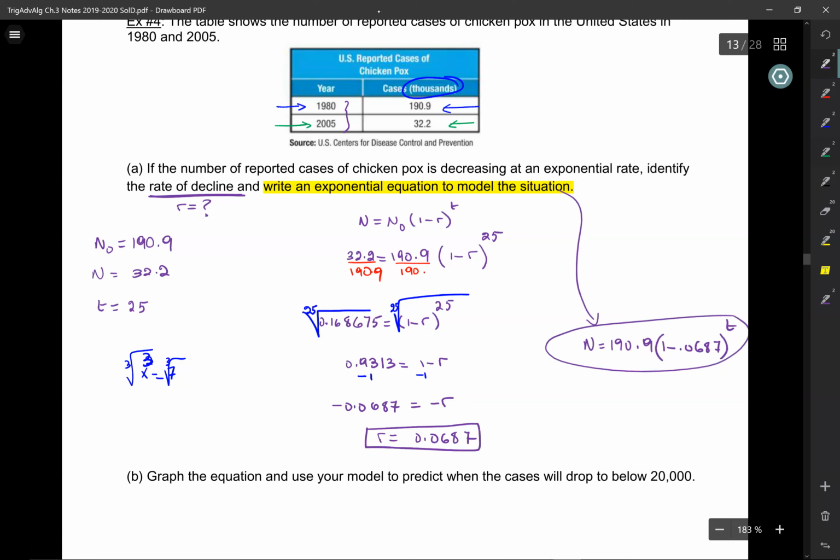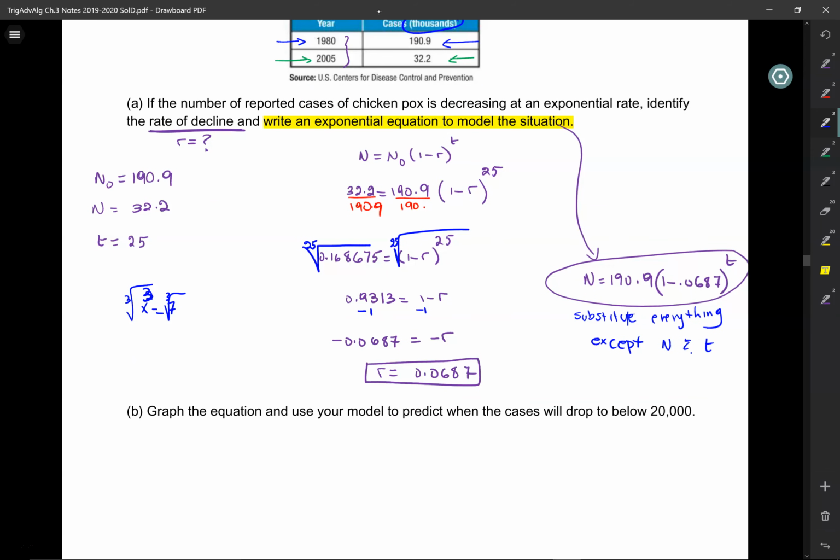That's the equation. For the equation, you have to substitute everything except N and t. Okay? Because if it's an equation, you need two variables.